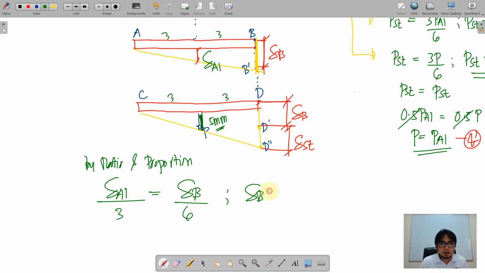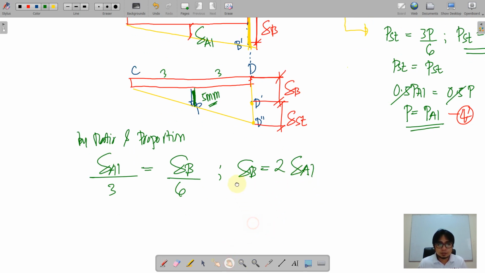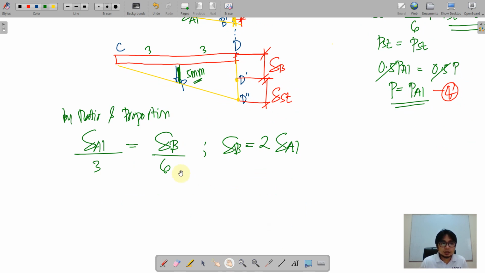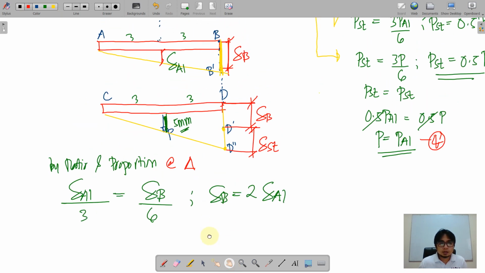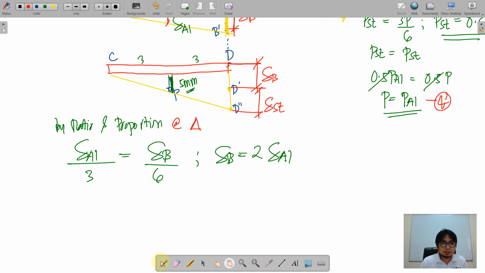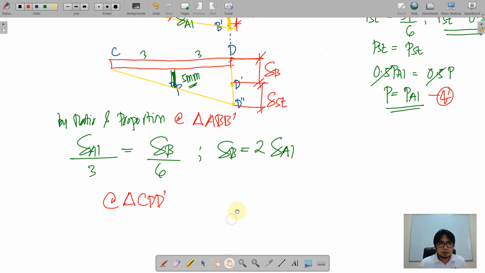Delta B is equal to 6 over 3 of delta aluminum, that is 2 delta aluminum. So this is for triangle ABB prime, and then a triangle CDD double prime.